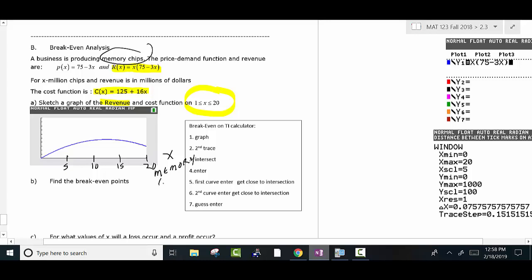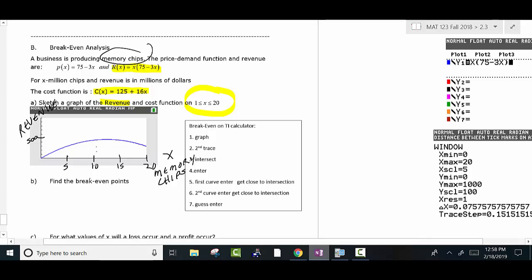You want to label what everything means, read the problem and get that information. And then this is your revenue, like that, okay? And we made this go all the way up to 1,000, so we could just go 1, 2, 3, 4, 5. That's even good enough if you just put 500 like that and just sketch it. You don't have to get the points perfect, just kind of get a good ballpark on that.